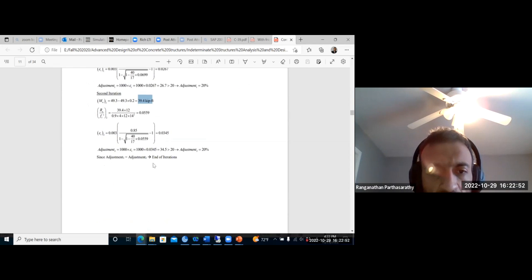Then you redo it, then your strain will be even higher, and again your adjustment is the same. That means after one iteration, if you're still getting the same adjustment, then this is the correct value. If you get a smaller value here, you need to use that smaller value.